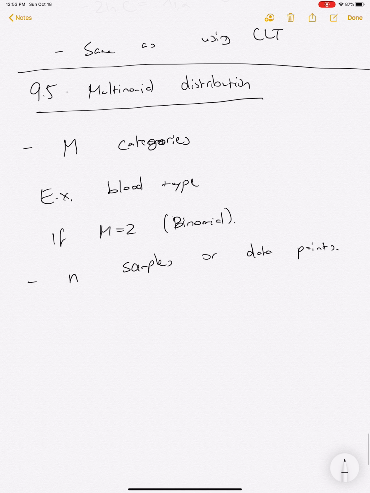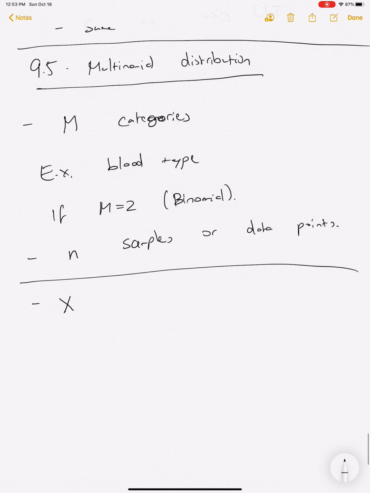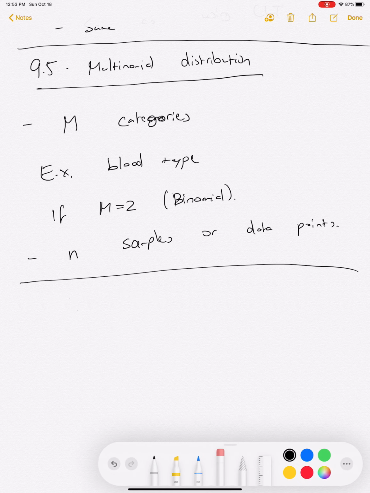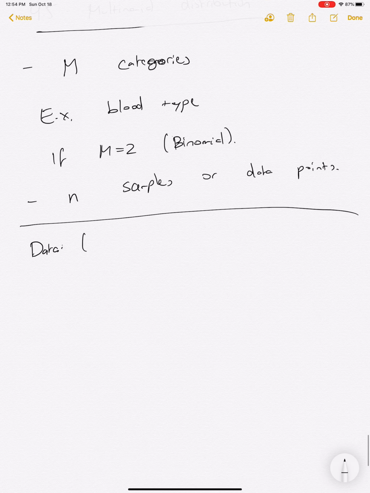So here our data is xi, and the data that we observe I'm going to denote with the notation O1, O2 up to OM.